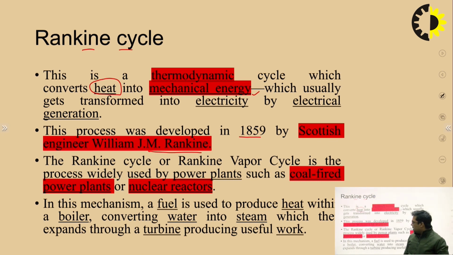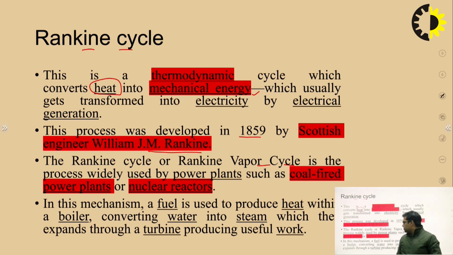The Rankine vapor cycle is a process widely used in power plants such as coal-based thermal power plants. It is used in nuclear power plants and nuclear reactors.